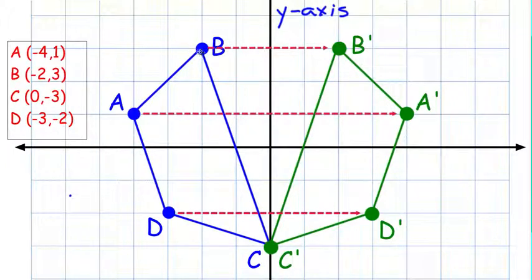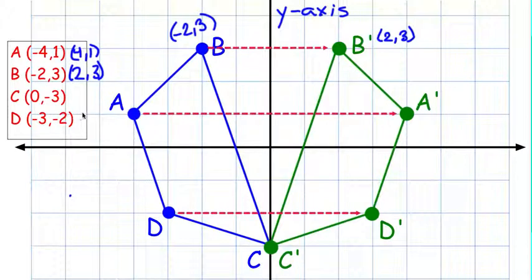What I want you to look at here is that if this original point is negative 2, 3, based on the picture, I can tell that its image is 2, 3. And you're going to notice that for all the points as it goes around, and it's not incredibly important at this point in time to know exactly what's going on in y, but you'll begin to see a pattern of what's happening.